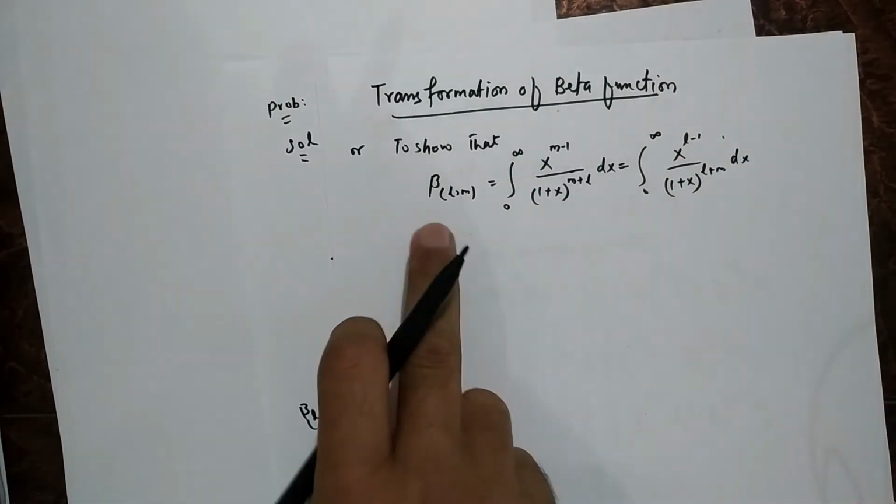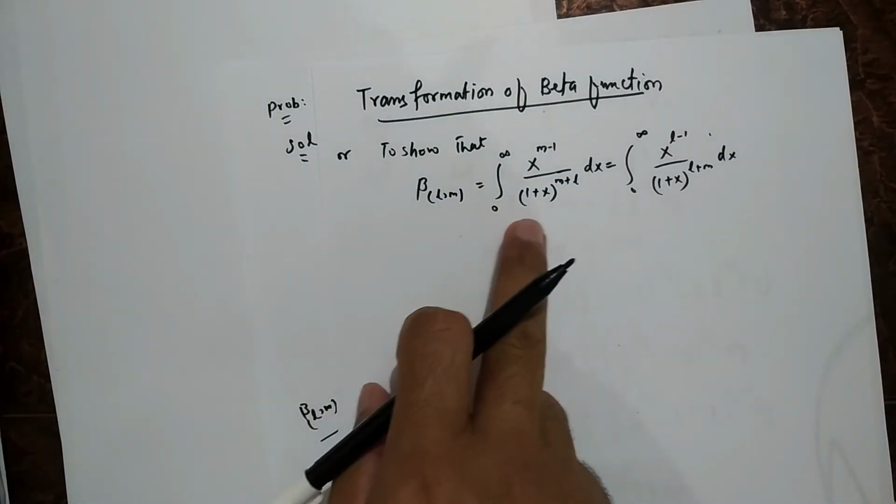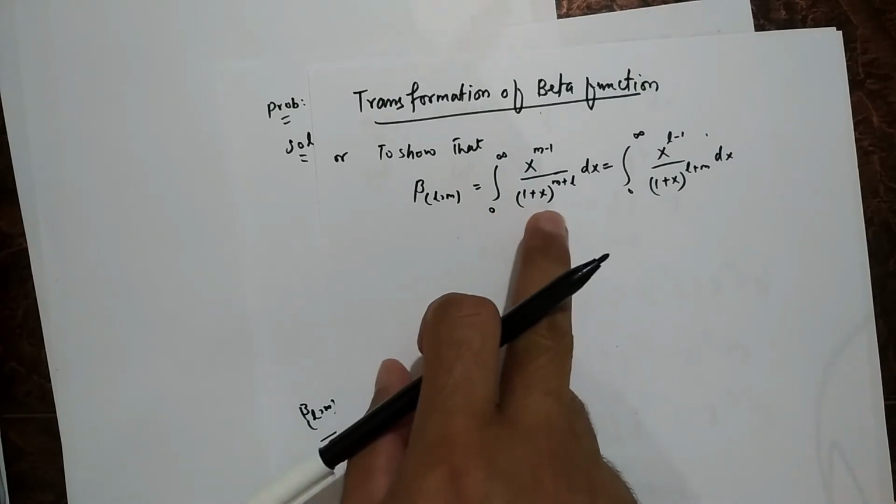So we have to prove that the beta function can also be written in this form. So this is also the beta function.